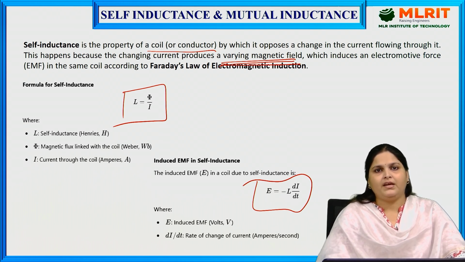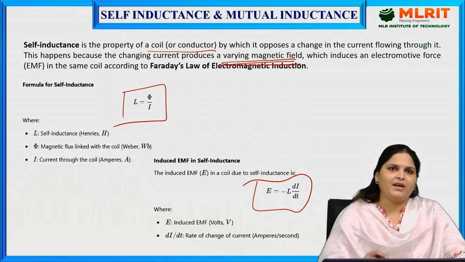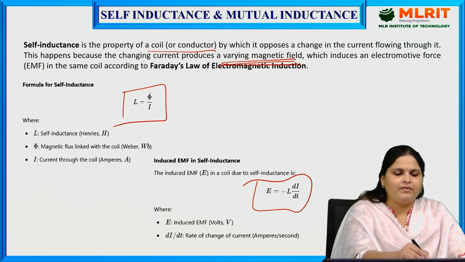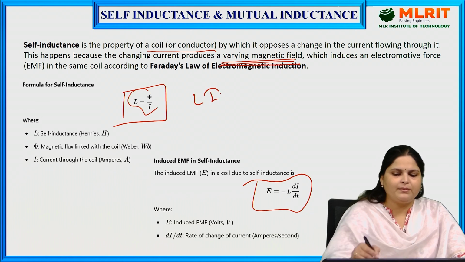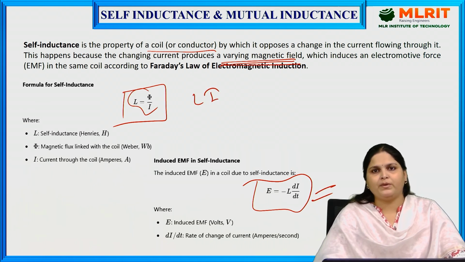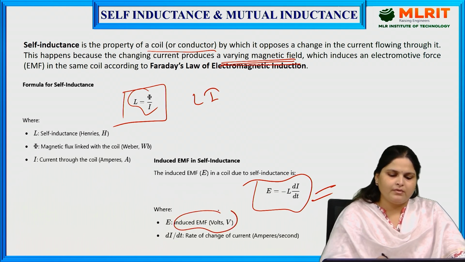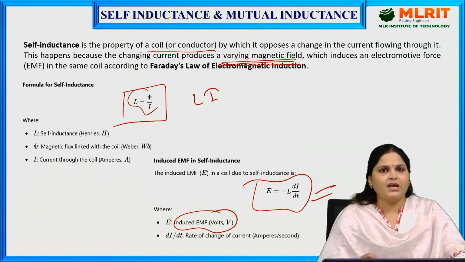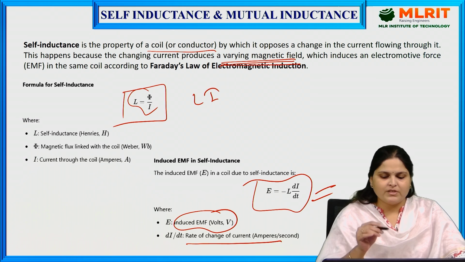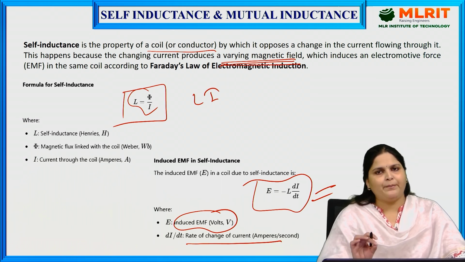It can also be written as minus N d phi by dt, so in place of phi we can write Li. So ultimately this formula becomes E equals minus L di by dt, where E is the induced EMF measured in volts and di by dt is the rate of change of current in amperes per second.